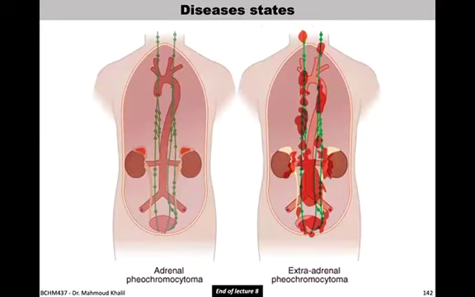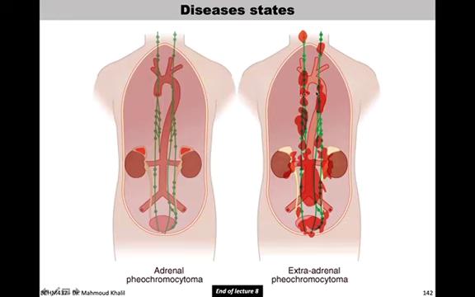So you can see from the figure the difference between the location of the adrenal condition, the red portion here, which exists inside the adrenal gland, while the extra-adrenal condition can be scattered all over the sympathetic nervous system, represented by the green lines and the nodes here.